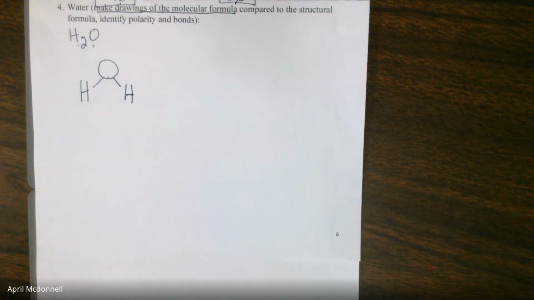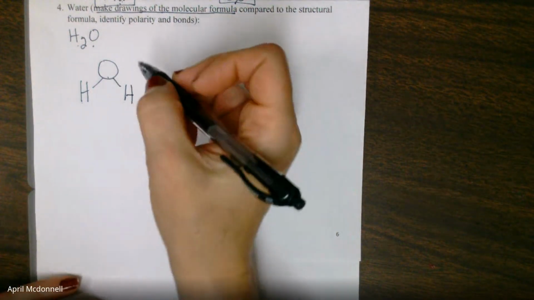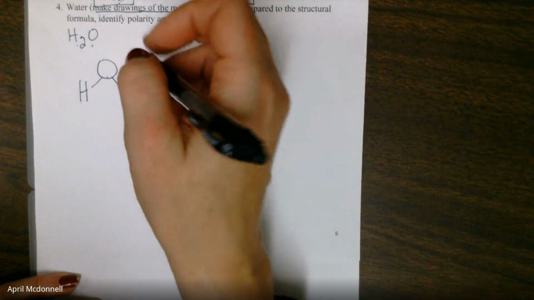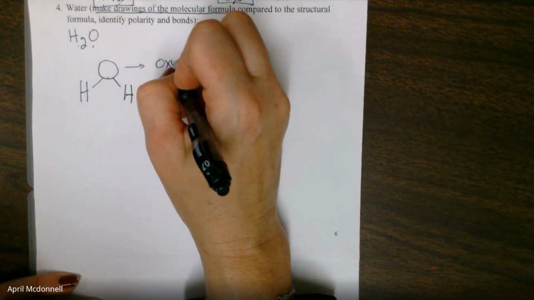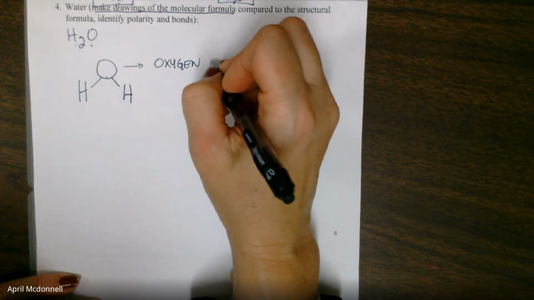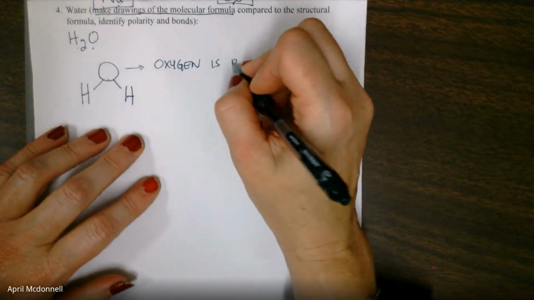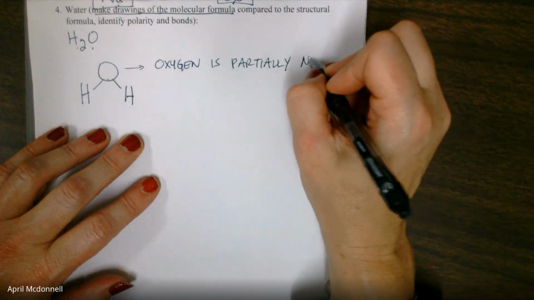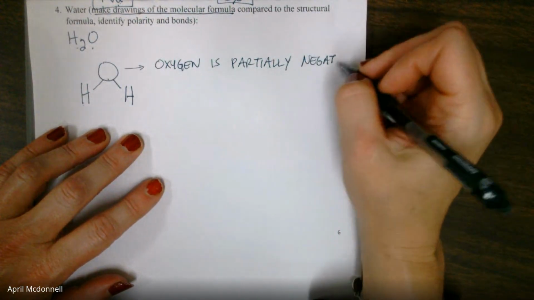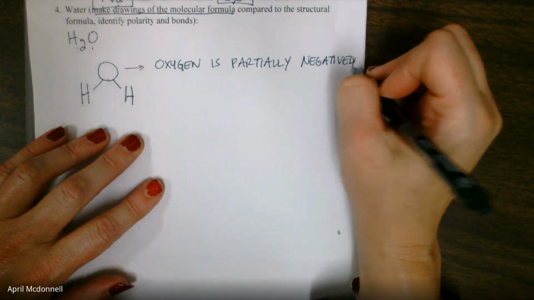So it turns out that a water molecule has some special characteristics. The oxygen is what we call partially negatively charged.